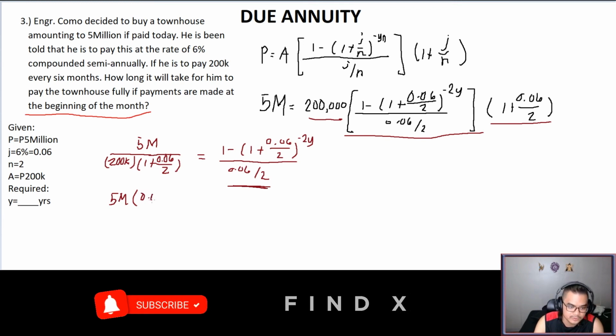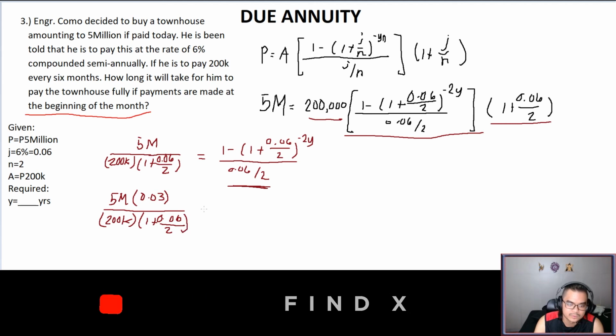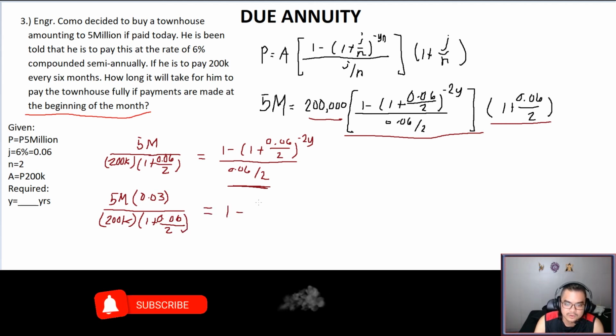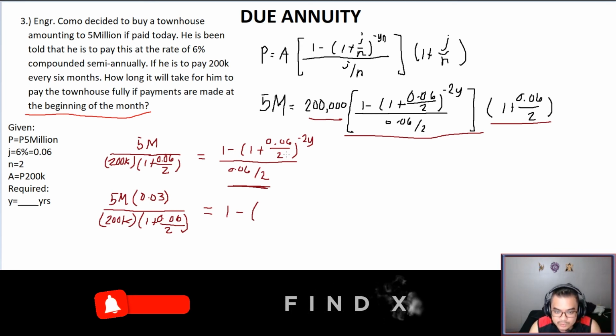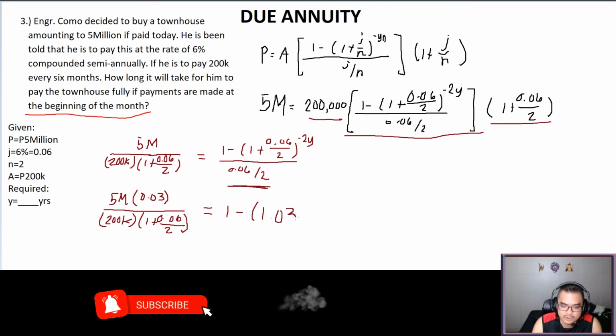So this is 0.03, all over 200,000 times 1 plus 0.06 all over 2, and this is equal to 1 minus, I think we can simplify this one, that's 1 plus 0.06 over 2. 0.06 over 2 is 0.03, so this now will become 1.03 only raised to negative 2y.